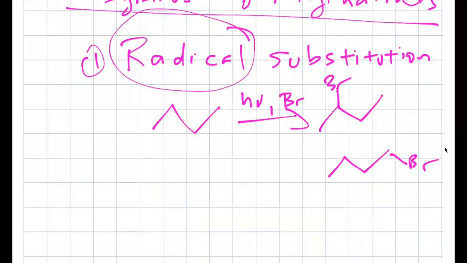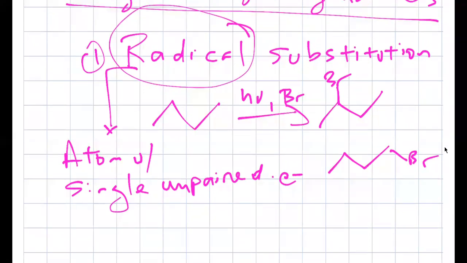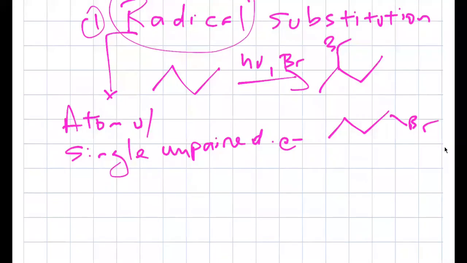Does everybody know what a radical is? It's an atom with a single unpaired electron. Right, single unpaired electron. So what are the three steps to a radical substitution?